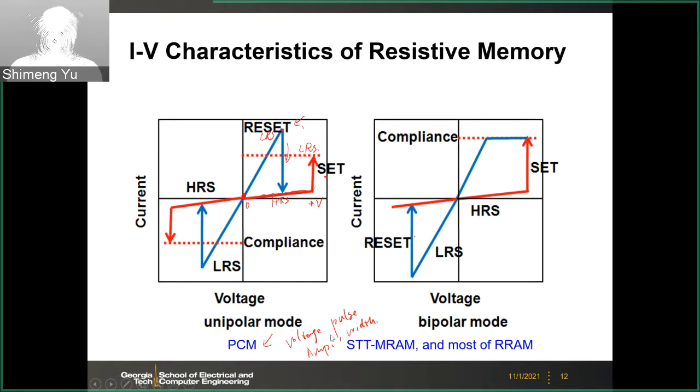Different voltage, pulse amplitude, or pulse width will give you different temperature. But you can apply either positive or negative voltage, it doesn't matter, because it's pure heating, I squared R. That just depends on the absolute value of the current you flow.